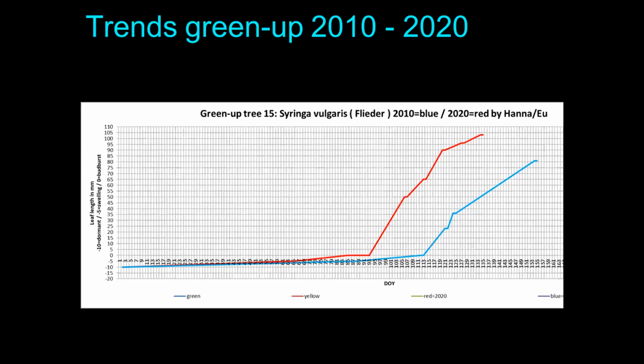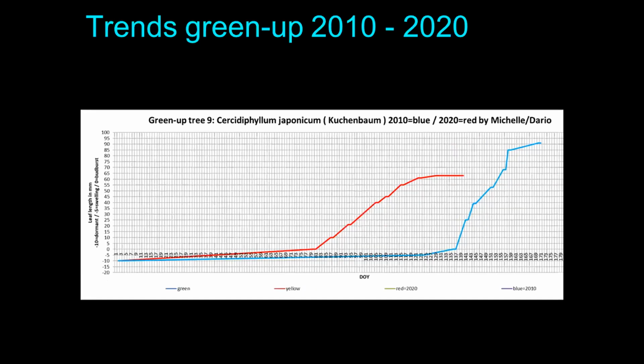Or I took another one. This is a Katsura tree. I don't know whether you have ever seen such a tree, but here it is even more. This year it was day 81 and 10 years ago it was day 137. So such a big difference.